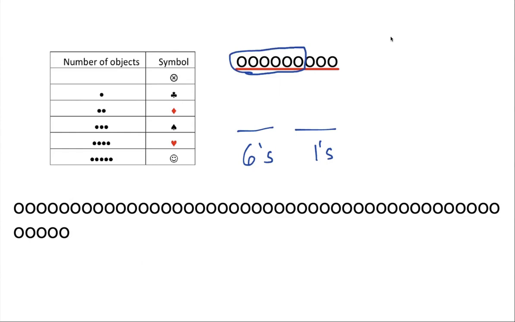So what I want to represent for my number is one group of 6. Now I can't use the symbol 1. I have to use the symbol we have here, that one, right? So I'm going to draw a clover here. All right.